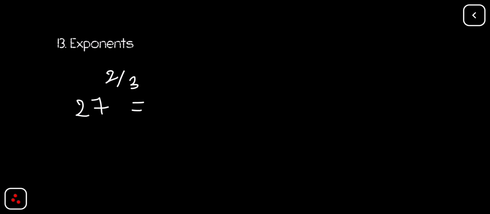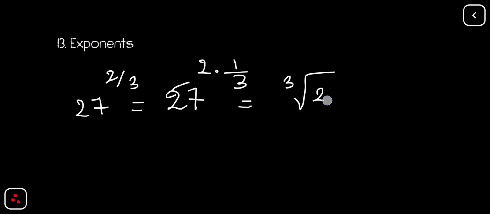Topic number 13 is exponents, and you have to simplify the term, and the term is 27 to the power of 2 by 3. How can we simplify this one? We can write the power 2 by 3 as 1 by 3 times 2, and if you multiply them, it will give you again 2 by 3. And here what you can do, 27 to the power of 1 by 3, you can write it as the cube root of 27, and then it will go to the power of 2.